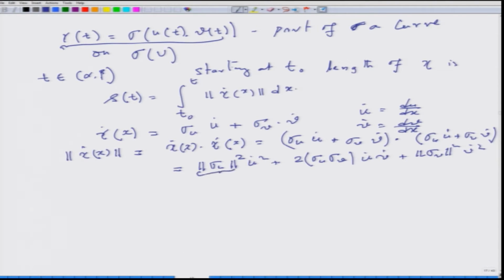Let us call this quantity E. This is dependent on u, this quantity F, and this G.